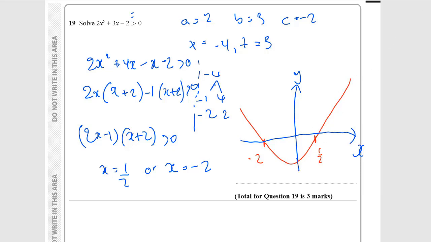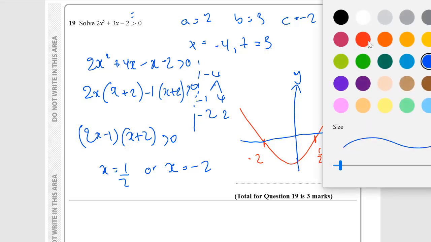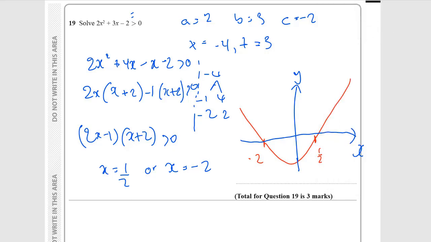Essentially we want y to be greater than 0.